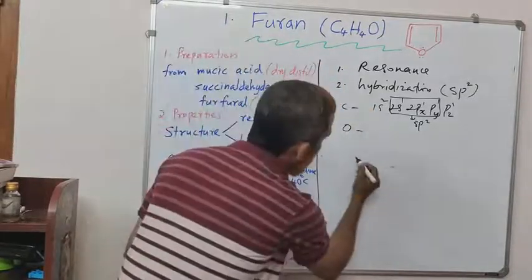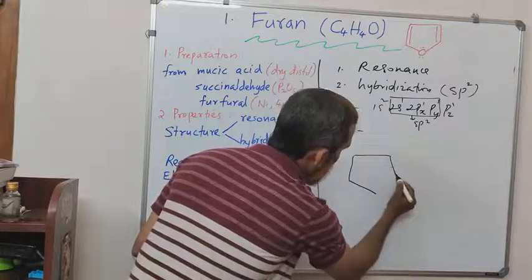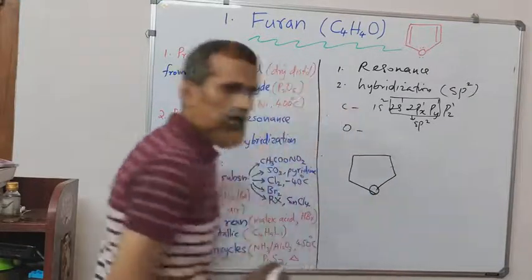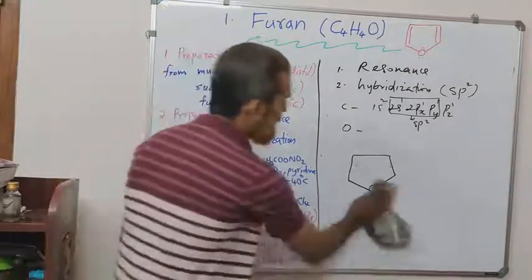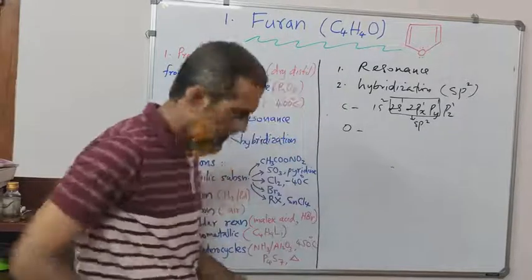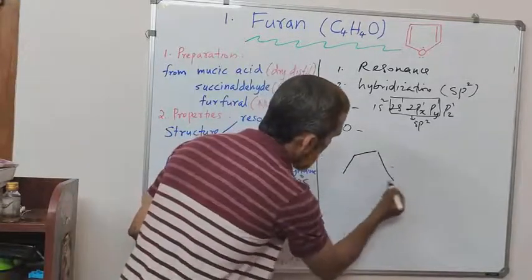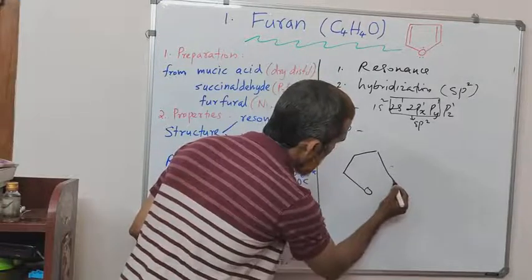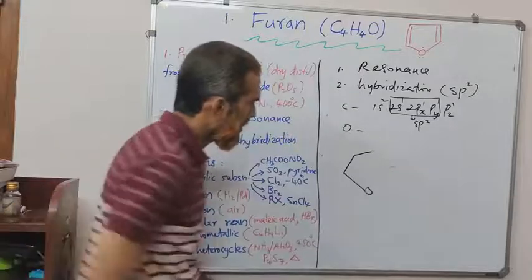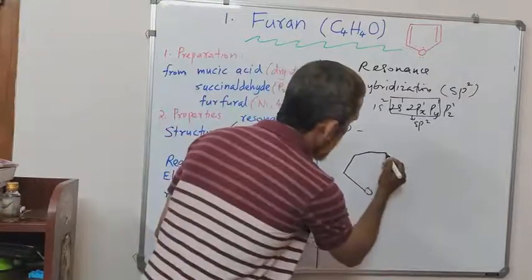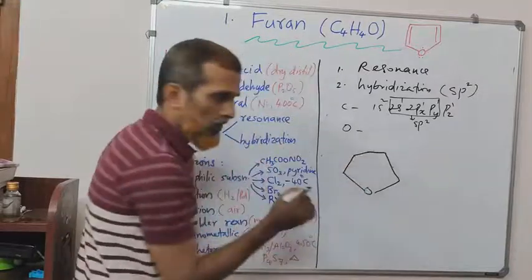How does it come? See, if you consider the sigma skeleton, okay, of this furan, it comes like this. Now here, consider 1 carbon for example.